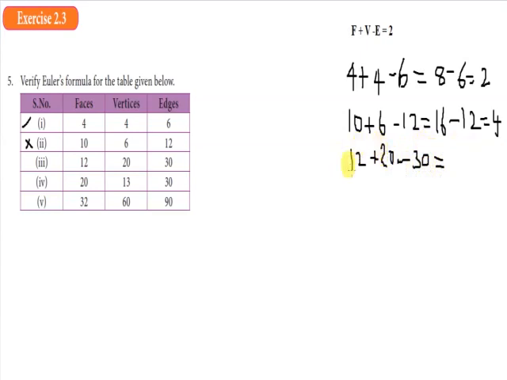Your answer is 32 minus 30, which is equal to 2. So this is satisfied for Euler's formula. Okay, the last we have to write is yes or no. Then we go for the next condition.